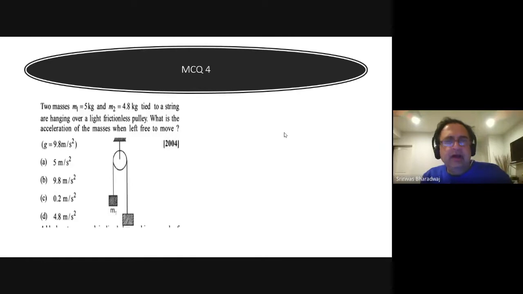So now I am going to solve this problem, so that you understand. Now you take this T, M1 g. Which is going to go down? M1 is going to go down.